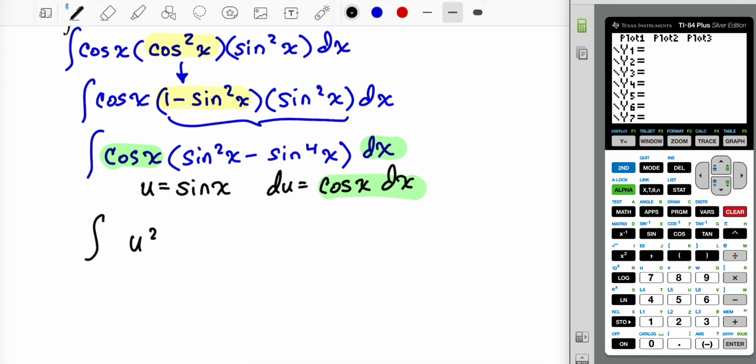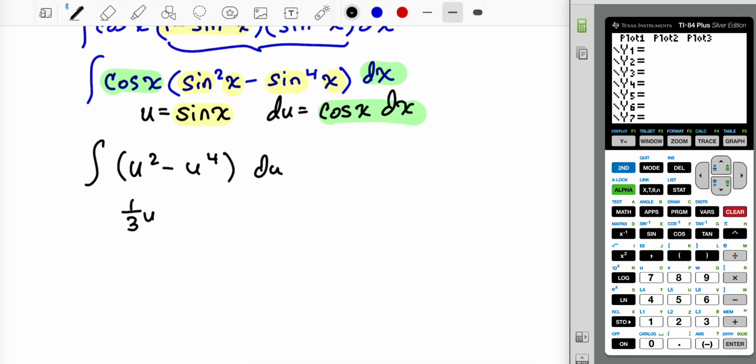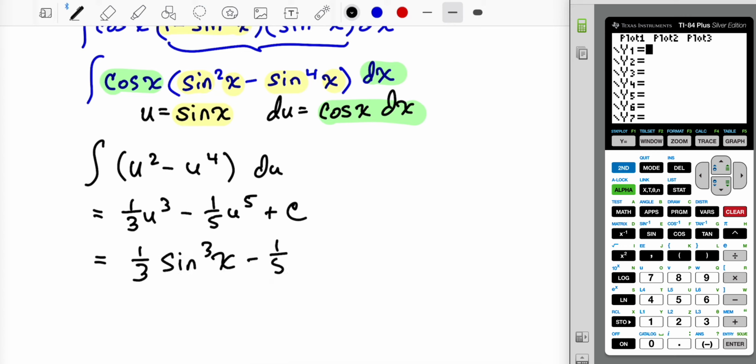So u squared minus u to the 4th du. So 1/3 u cubed minus 1/5 u to the 5th plus c. So 1/3 sine cubed of x minus 1/5 sine to the 5th of x plus c.